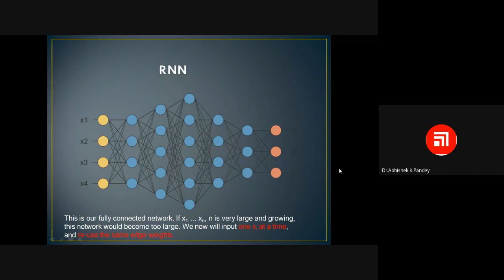As you can see on the screen, this is a fully connected network, and it is very clear what a fully connected network is. We have features x1 to xn, where n is very large, and growing this network would become too large. Now we need something else to get some efficiency. So we now input one x at a time, and reuse the same weights.